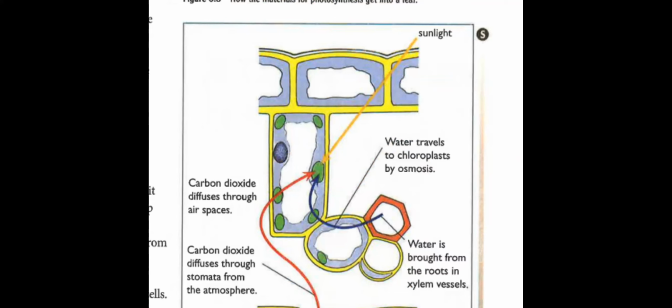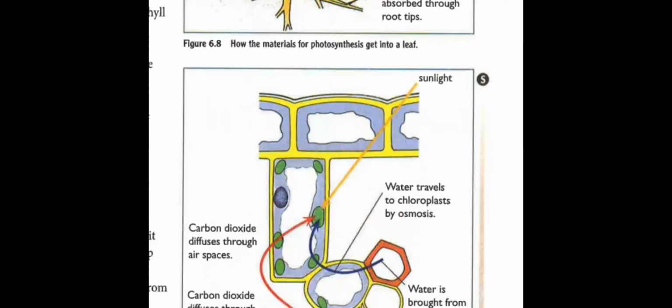So here you can see the picture. This is the picture of what? The upper layer, this one, where I am pointing. This is what I have written here, that is epidermal cell.